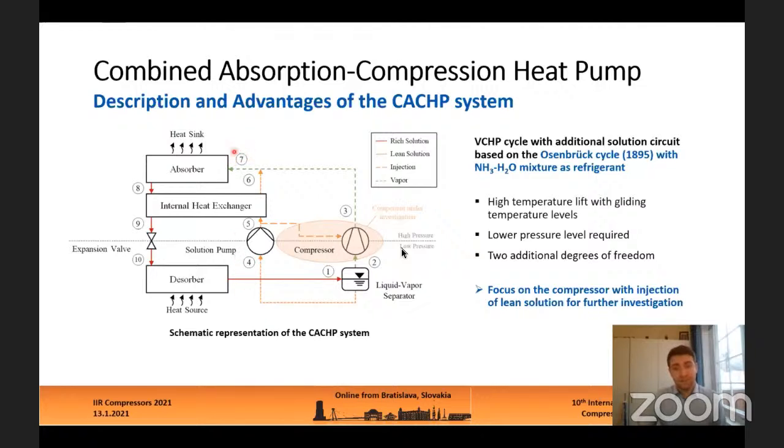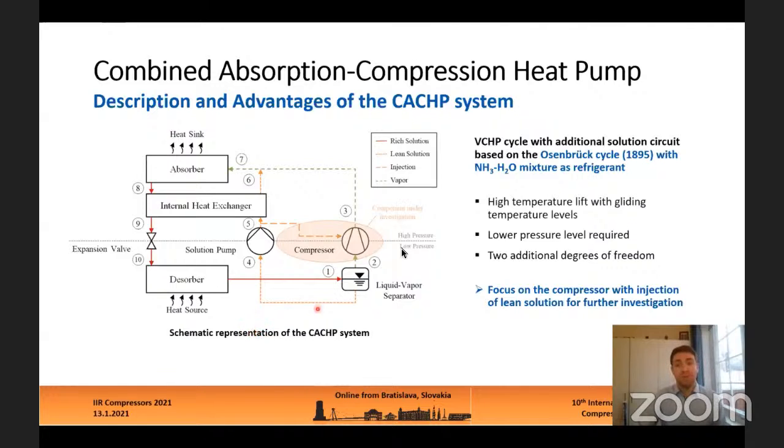Additionally, we have temperature glides at the absorber and desorber, which can be matched to the heat source and heat sink. Compared to other systems, lower pressure levels are required to achieve these temperature lifts and also high temperature levels. And due to the mixture we use, we have additional degrees of freedom.